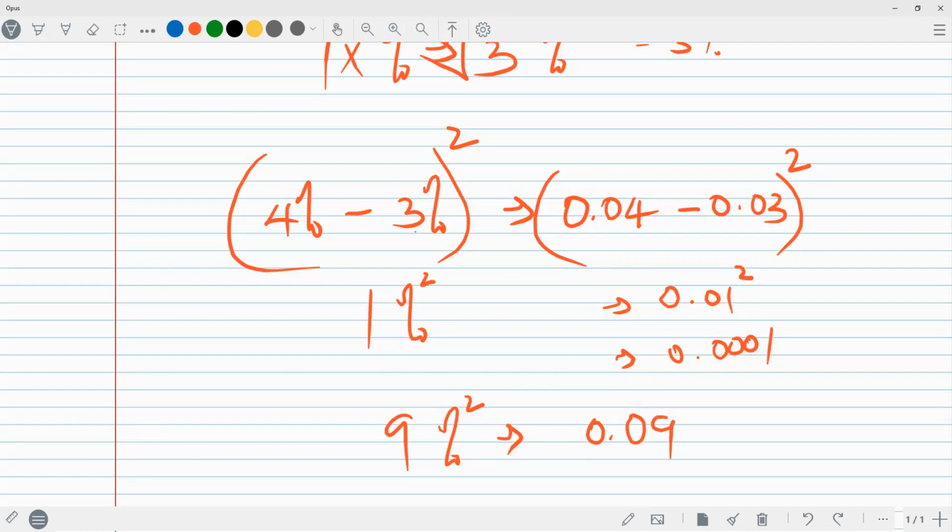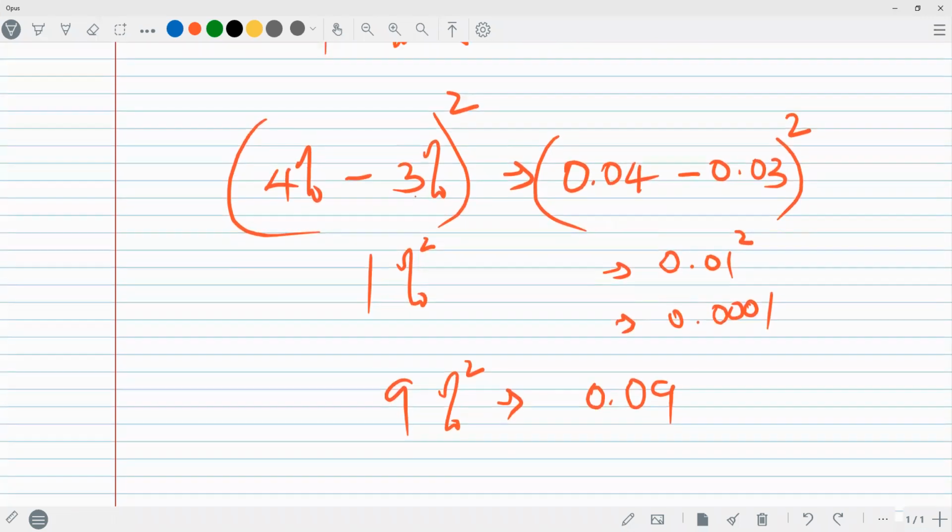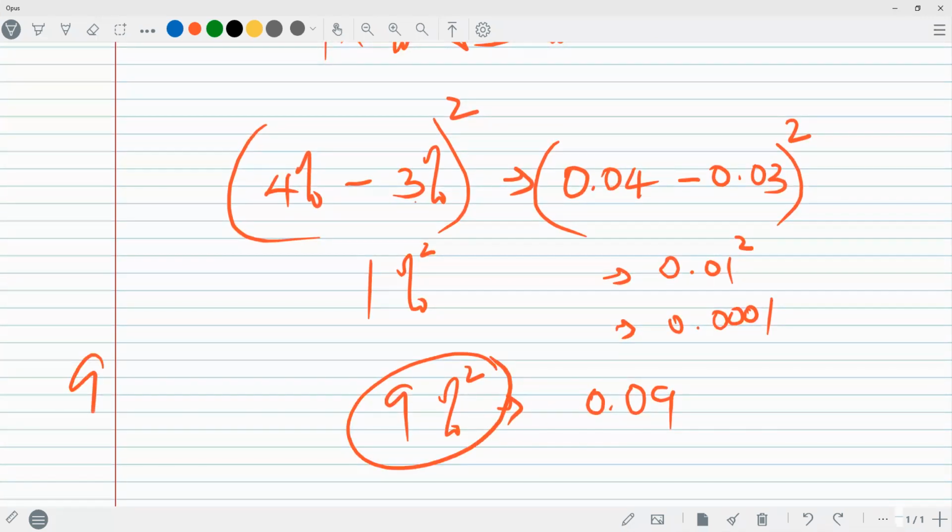Yeah, because it's different. Let me try to interpret for you. What does 9% squared mean? It means 9 divided by 100, squared, which is 9 divided by percentage squared, 100 times 100, to give us 10,000.